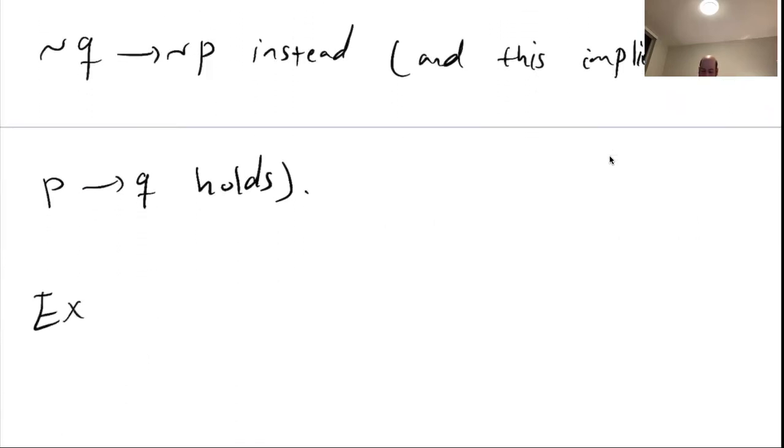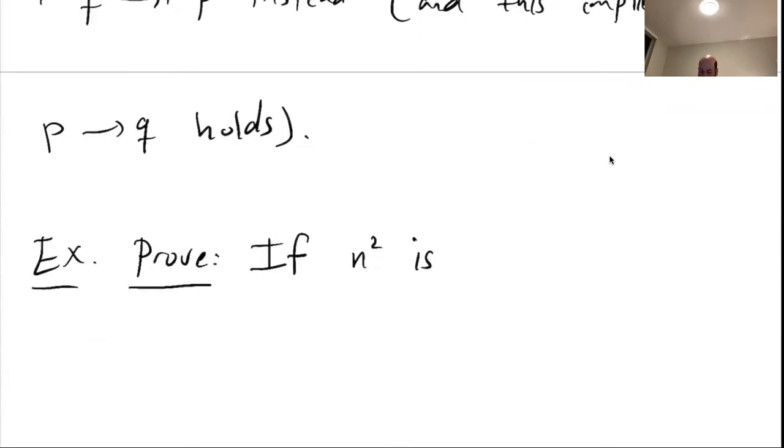So let's look at an example. Prove: if n squared is even, then n is even.